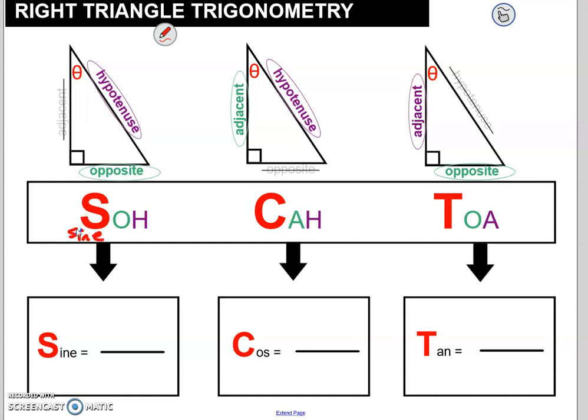That is one of our trig ratios. This C stands for cosine. That's a second trig ratio. And T is just tangent. And remember, a ratio is just a comparison of 2 different values. So the values that we're using are side lengths within a right triangle. So let's take a look at sine to begin with.